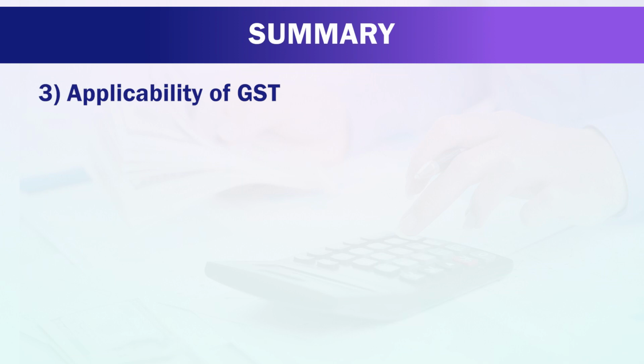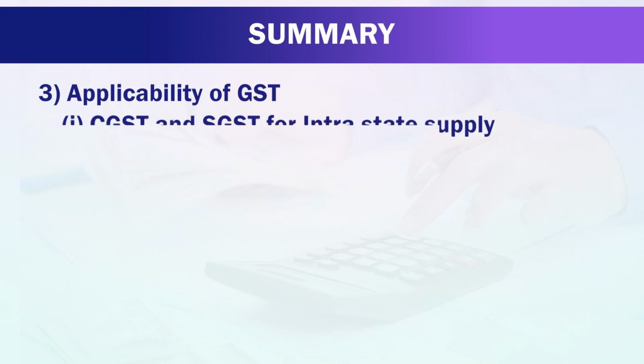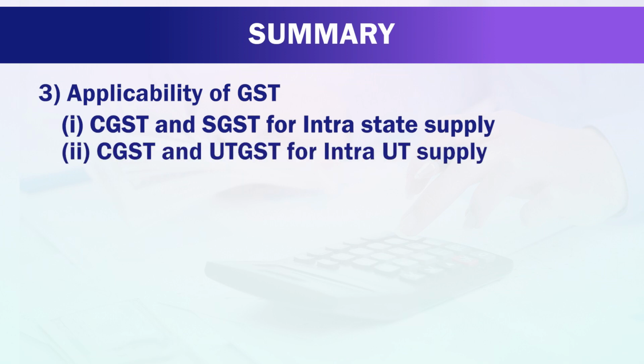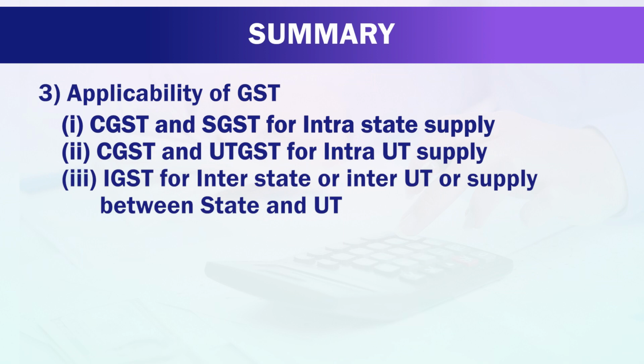Number 3, applicability of GST: CGST and SGST for intrastate supply, CGST and UTGST for intra-UT supply, then IGST for interstate or inter-UT supply or supply between state and UT.